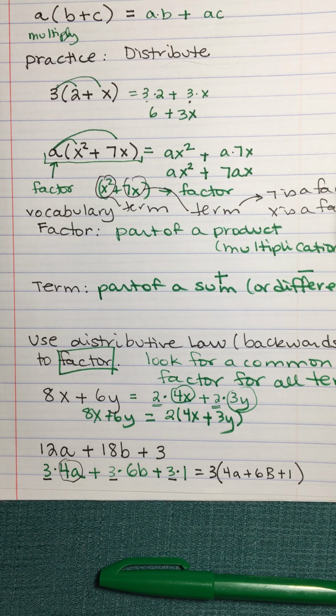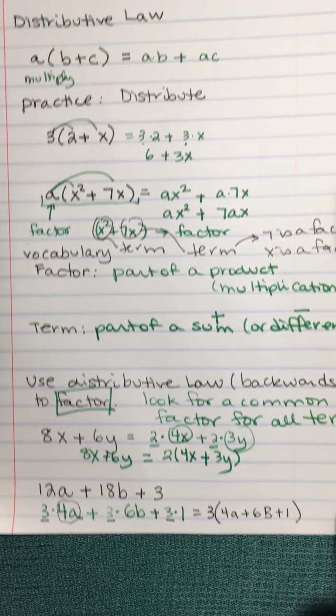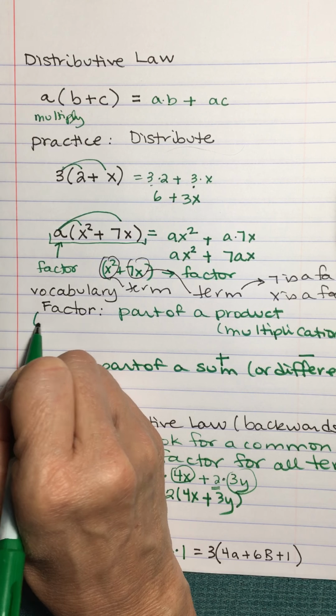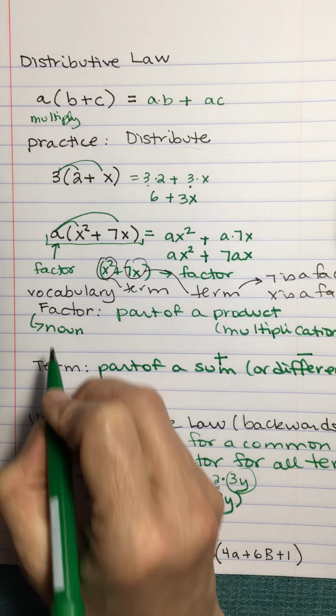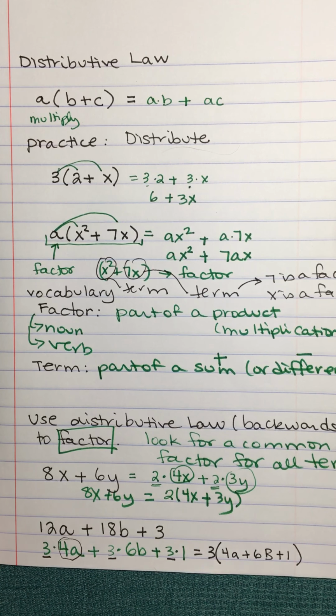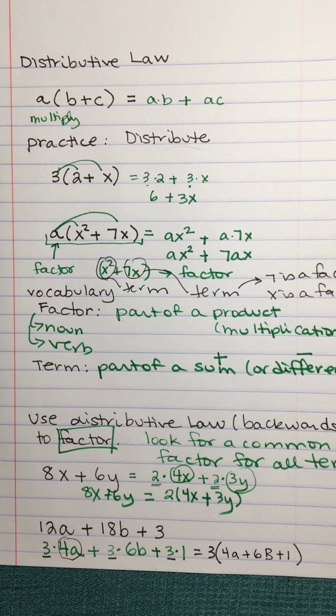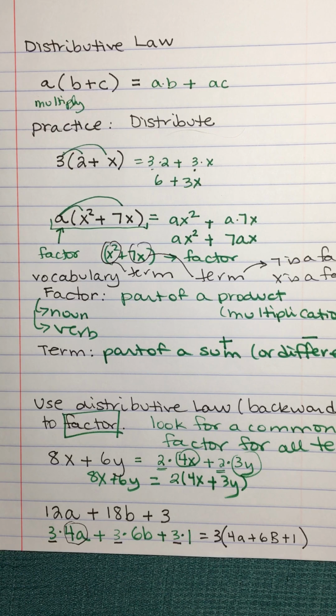So quickly, I just noticed I was saying that factor is a noun and a verb. So factor, noun, part of a product, or verb, that action we take when we rewrite it, when we pull out the common factors. That's called factoring, or as a command, factor. Okay, good luck on these.